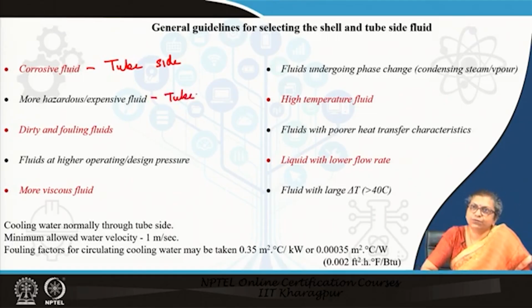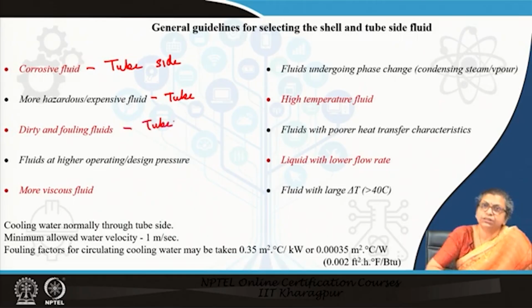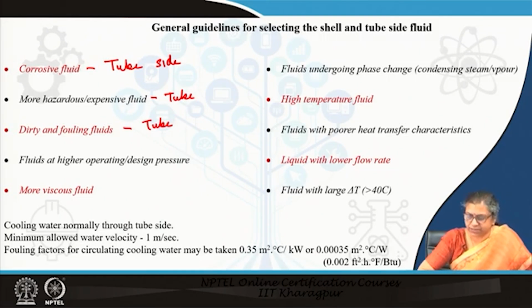What about dirty fluids? Dirty fluids means maybe fluids which have some particular solids. These solids can get deposited, or maybe fouling fluids which foul the tubes. For these particular cases also, we would like to keep them on the tube side for certain reasons. First thing is, it is easier to clean the tube inside surface.